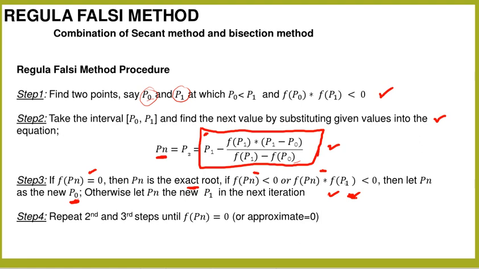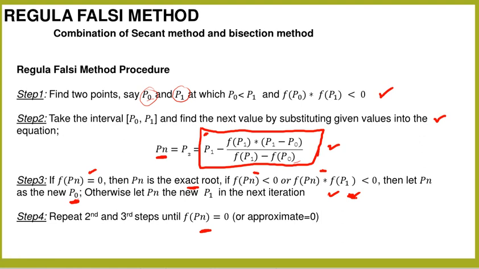Okay? Then, our last step is we have to repeat our step 2 and step 3 until the function of Pn is equal to 0 or approximately 0. Doon pa lang tayo mag-stop ng iteration. Okay? So, to understand further our method, yung regula falsi, this is actually iteration din.